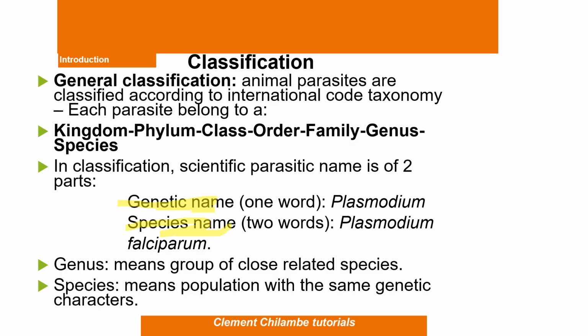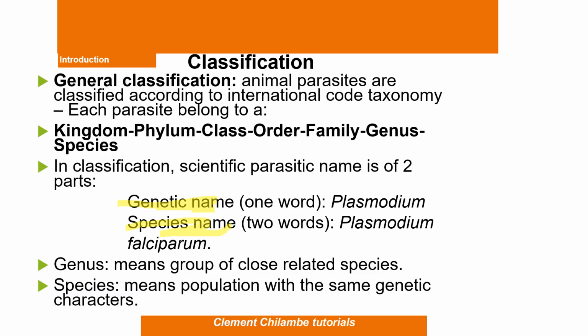A generic name is just one word, like Plasmodium. That's just an example. Plasmodium can be a generic name. When we talk about Plasmodium falciparum, the species name consists of two words. This is the species name. So now you know the difference between the generic name and the species name.